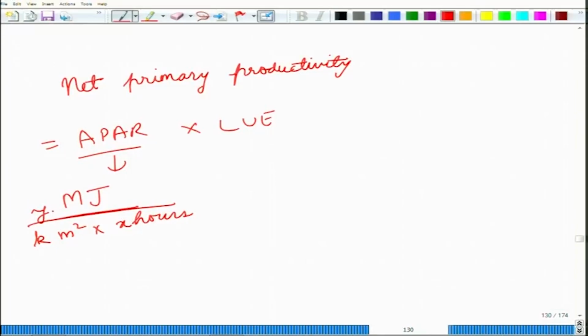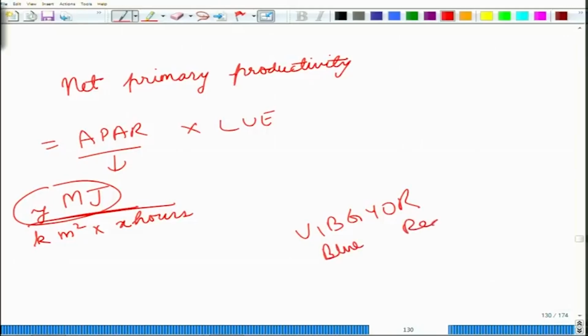Now, this energy is coming from the sun. So, out of the incident radiation, y megajoules of energy got absorbed by the plant, and this is the photosynthetically active radiation. What do we mean by photosynthetically active radiation? When we talk about the whole spectrum, the VIBGYOR, the wavelengths mostly responsible for photosynthesis come in the blue region and in the red region.